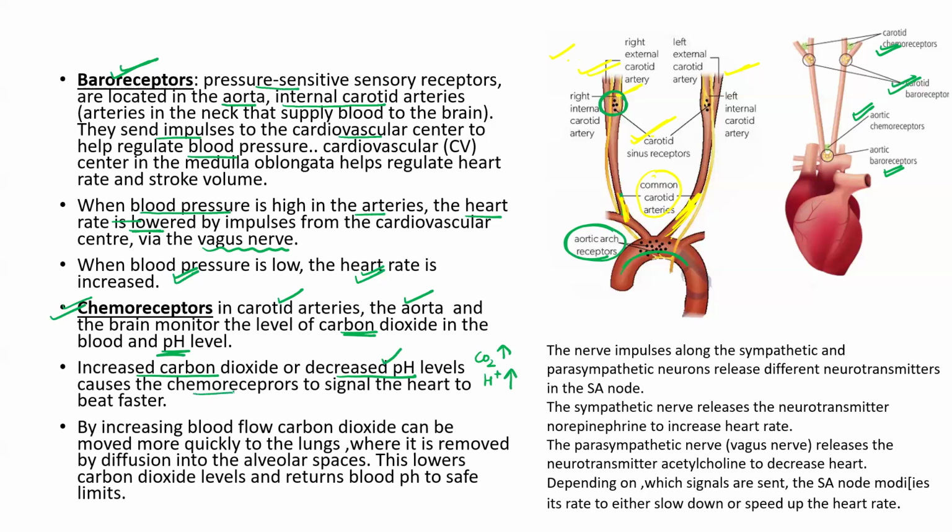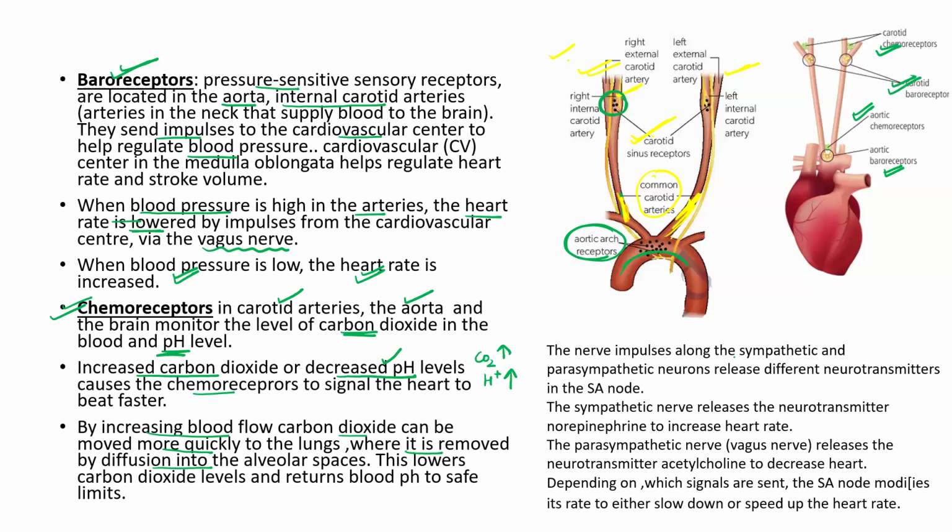So the chemoreceptors will give the signal to the heart to beat fast to remove this carbon dioxide and the protons. So by increasing the blood flow, carbon dioxide will be moved more quickly to the lungs where it is removed by diffusion into the alveolar space.